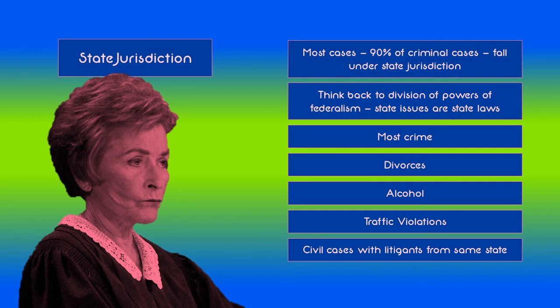So the vast majority of all court cases just end up in state courts. That's going to be most criminal cases, almost all criminal cases end up in state jurisdiction. If it's going to be federal courts and exclusive jurisdiction, it's got to be a violation of federal laws.